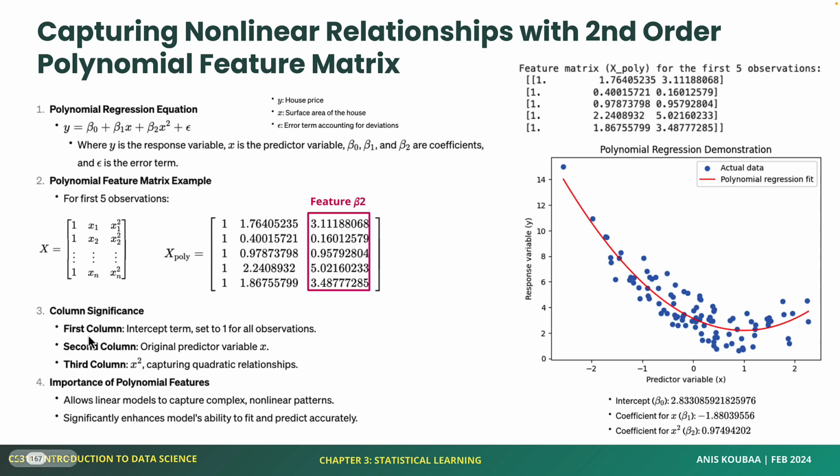So the first column, this one, is the intercept. This is because x is at the power of 0. We don't have x, so this is what is going to intercept. And then the second column is the predictor, and the third column, x squared, captures the quadratic relationship for this particular case.